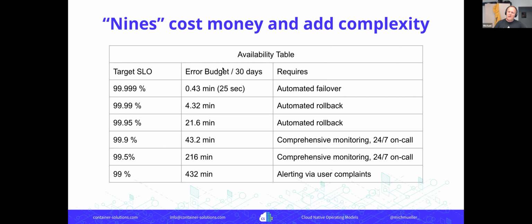That already increases complexity. Comprehensive monitoring means I need to export metrics, I need to export logs, I need to centrally store them somewhere, process dashboards, a lot of things. So complexity already increases. And I need a 24/7 on-call. I need people, ideally 5 to 7, to manage that properly, mental health, all of that.